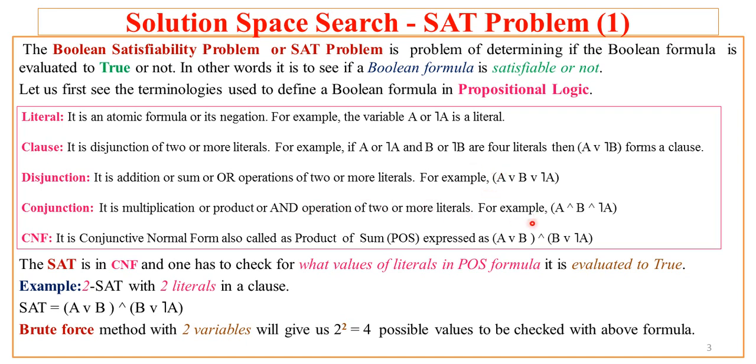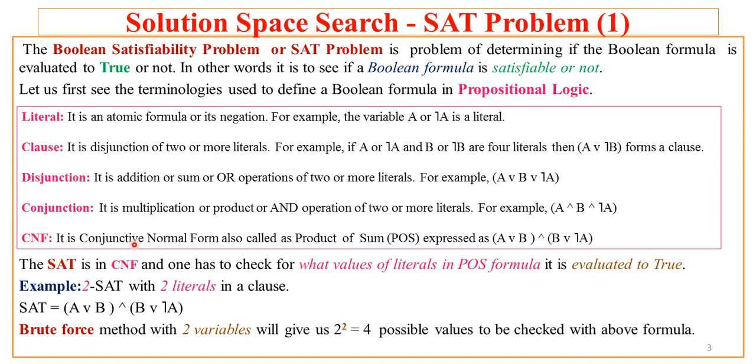For example, if you have literals like A, B, negation of A, negation of B, then one can generate the conjunction using these literals, that is A and B and negation of A. So a combination of literals with the and operation is conjunction, and a combination of literals with the or operation is disjunction.